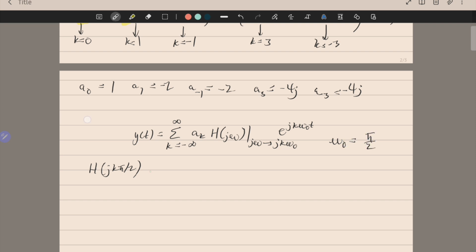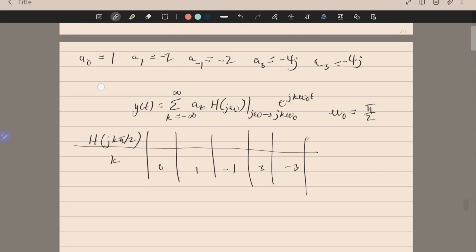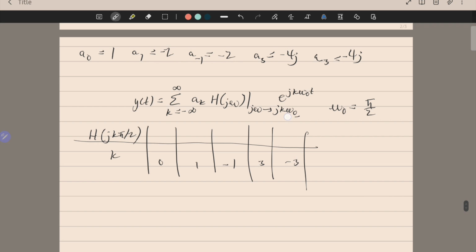Pi over 2. Let's do this real quick. When k is 0, 1, -1, 3, -3. Okay, keep in mind what this means. Omega is equal to kω0, which is equal to kπ over 2. So when k is 0, it's just 0, right?